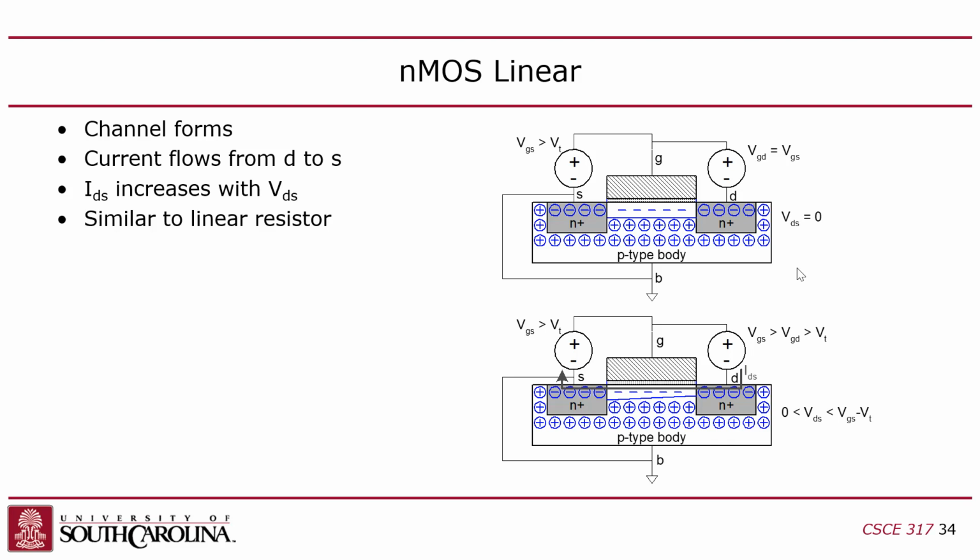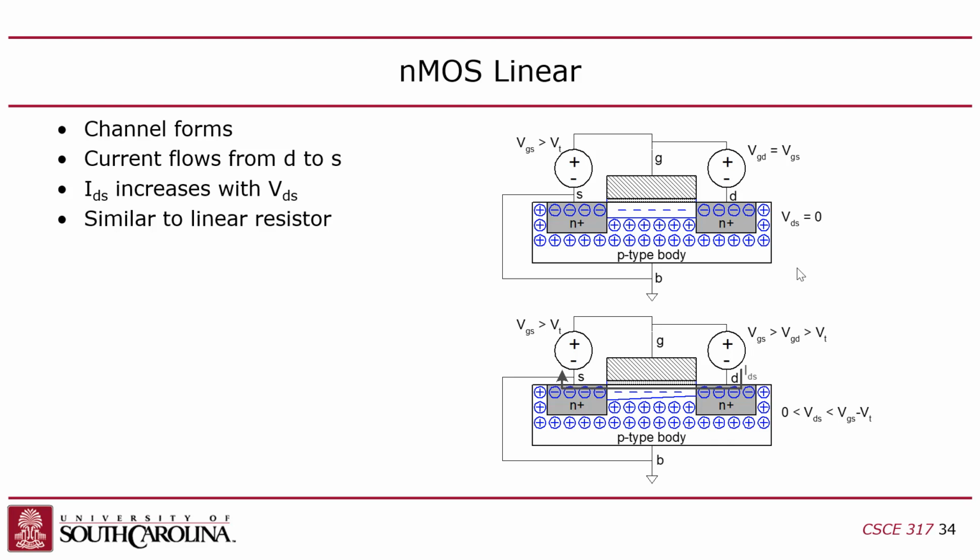They call it linear mode because it becomes essentially a resistor, in the sense that as I increase the voltage difference between the drain and the source, I will get a linear increase in the current flowing through, right?